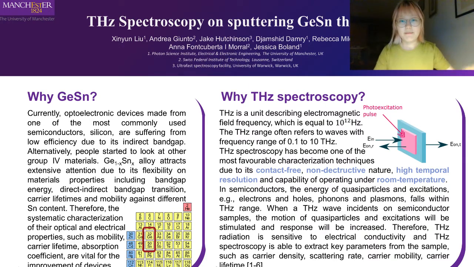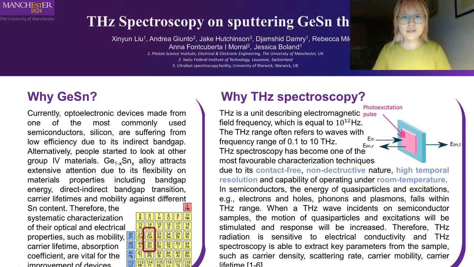This won't damage the sample. Furthermore, the energy of excited carriers is in the terahertz range. Therefore, terahertz spectroscopy is quite sensitive to conductivity. Additionally, with an optical pump which excites the sample, the terahertz pulse can be recorded as a function of time after the pump arrives. This allows us to study how photoexcited carriers recombine.